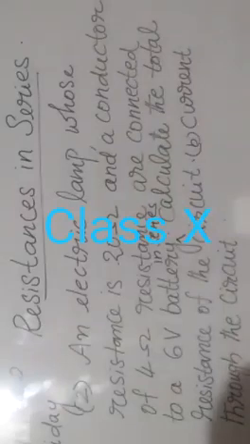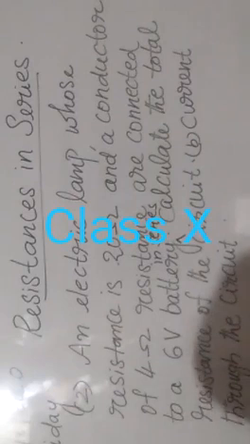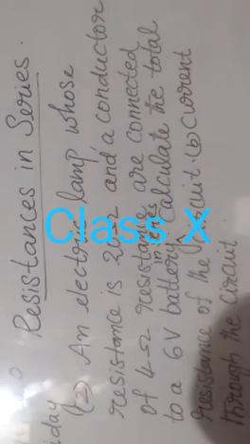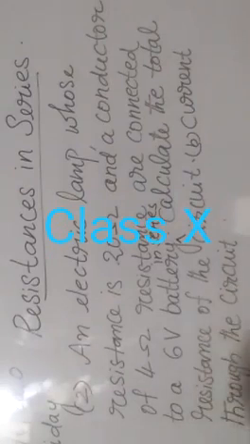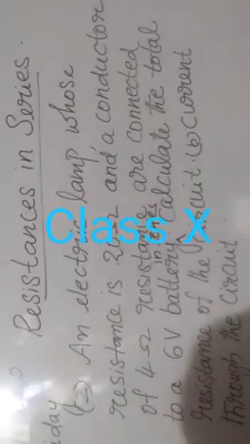Then for the current, by using Ohm's law, I is equal to V by R. That formula you have to use to find the current through the circuit. Here R is the total resistance in the circuit, you have to write that for R. V is given, the potential difference, 6 volt. Okay, so let us solve it now.